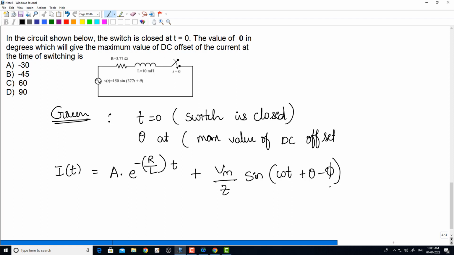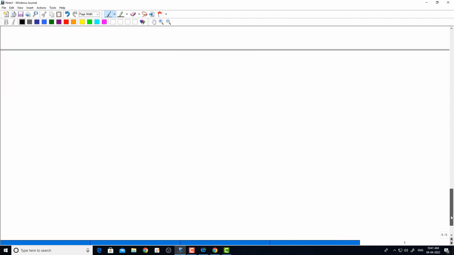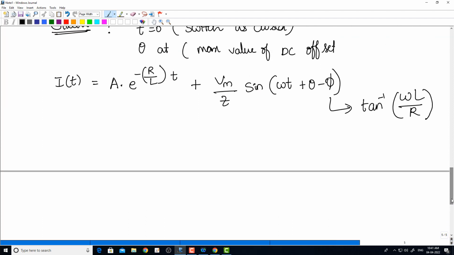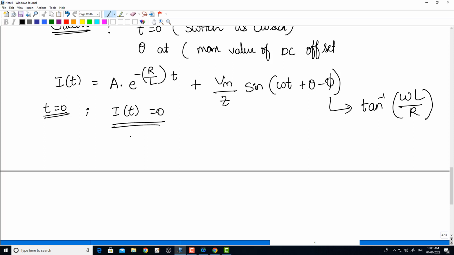So, phi is the tan inverse of omega L by R. So, we need to find out the maximum value of the DC offset at t is equal to 0. So, let us analyze at t is equal to 0. Inductor does not allow sudden changes in the current. So, I of t is equal to 0.